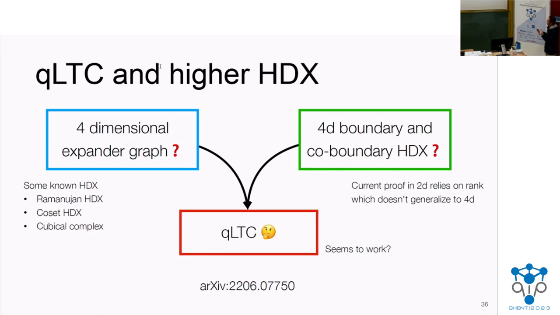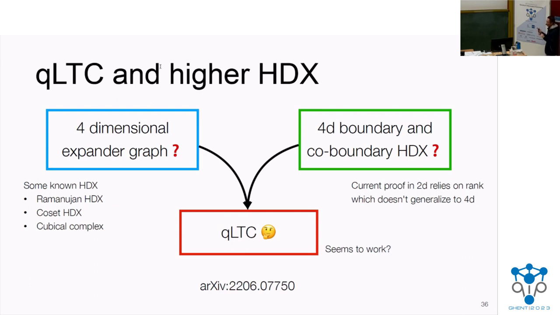The last thing I want to focus on today is, can we have higher dimensional generalizations? This is an important question if you're interested in quantum LTC, which is the topic of the next talk. One hope is that maybe we can combine a 4-dimensional graph with a 4-dimensional code to get quantum LTC.